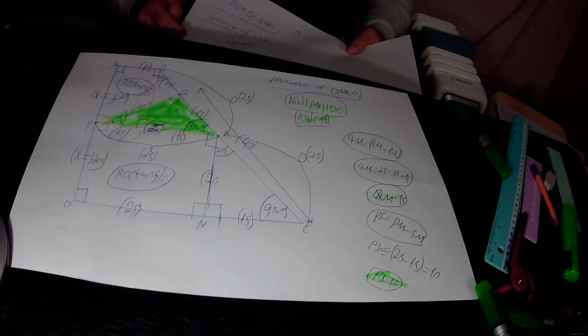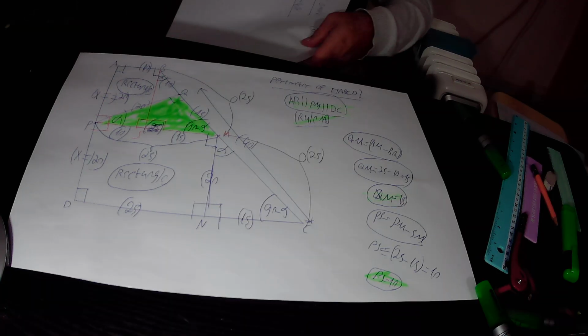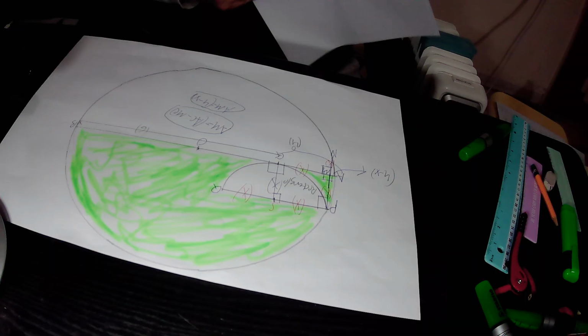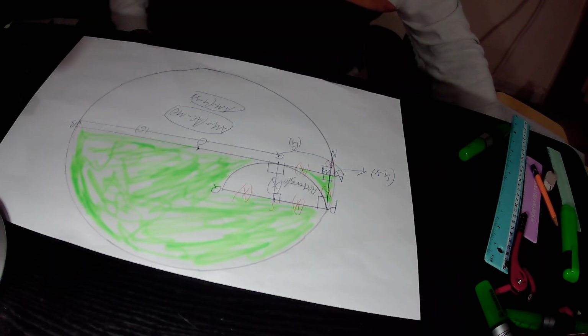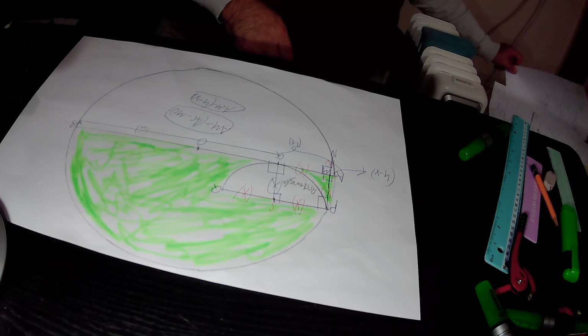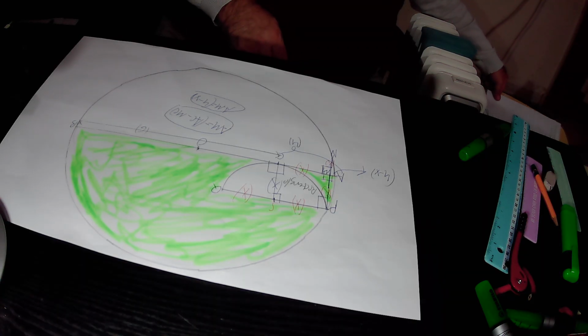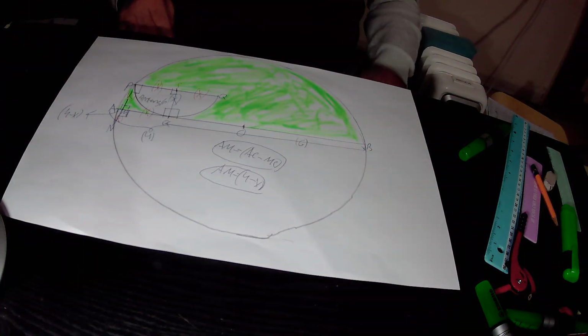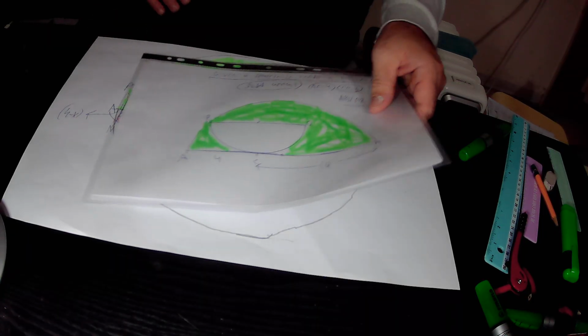In the next step, I review the solution of the second question. In the second question, our task is to find the area of this given shape.